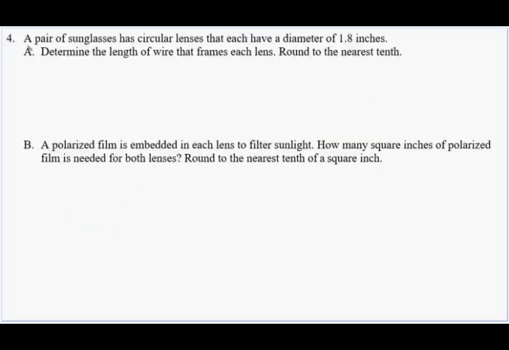All right, number 4. A pair of sunglasses have circular lenses. So let's draw. So there's our glasses. Lenses each have a diameter of 1.8 inches. So this red diameter is 1.8. Determine the length of wire that frames each lens. So they're not asking for the total.